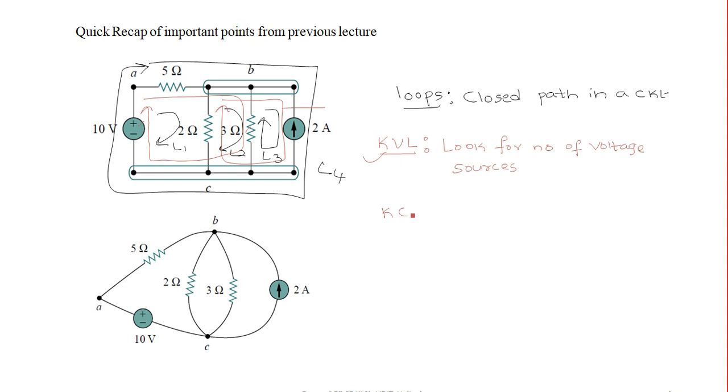Similarly, if you want to apply KCL, you should look for current sources. If you have the maximum number of current sources, you can apply KCL, and if you have the maximum number of voltage sources, you can use KVL.